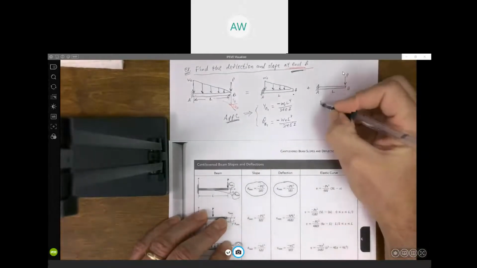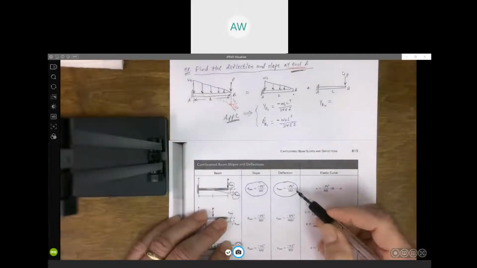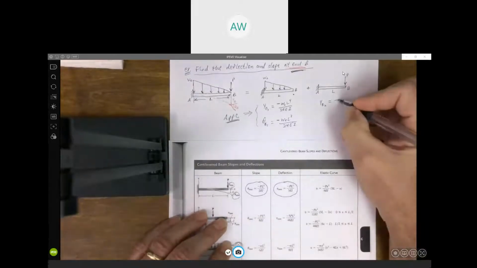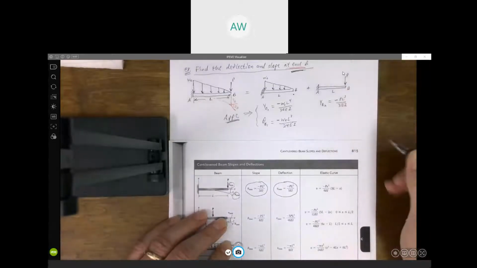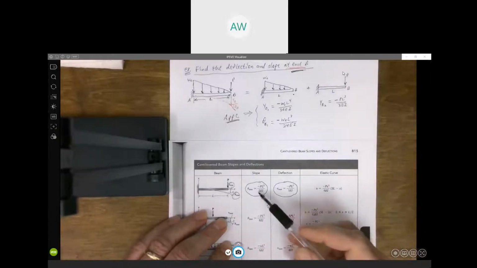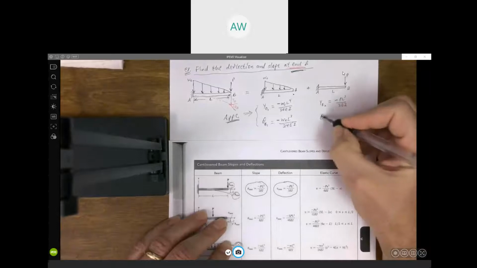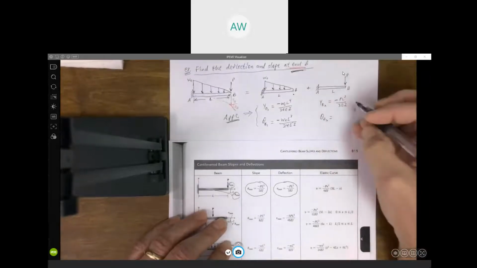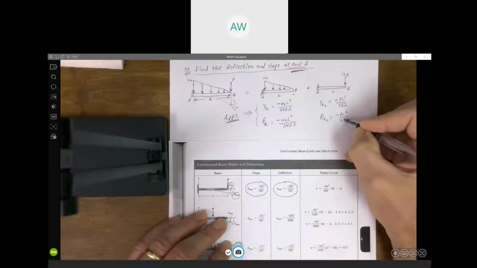So I'll call this YB2. It's just minus PL cubed over 3EI. And the angle or slope there at that end is minus PL squared over 2EI.